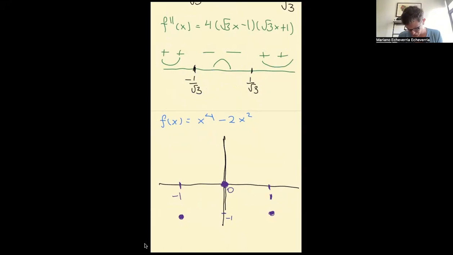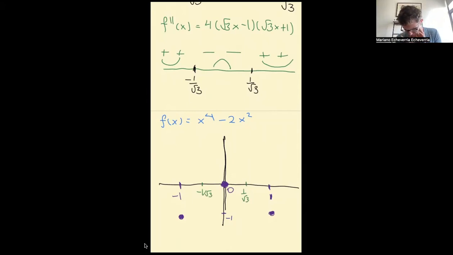That's all that you need to know. And what's -1/√3? That's also between -1 and 0.